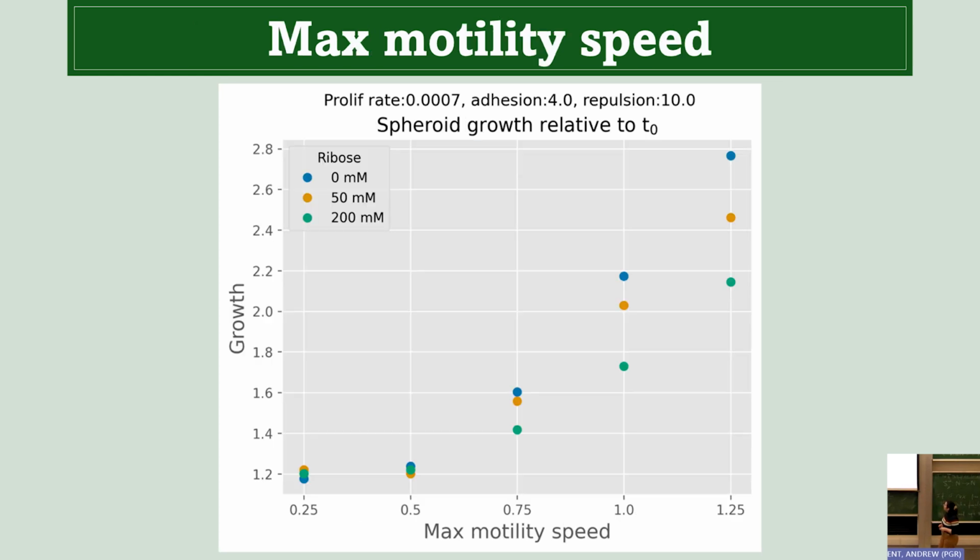And then another thing that I looked at is max motility speed. I guess this is quite intuitive. It's just saying that if the velocity term, which is the motility, which is the cell-ECM interaction velocity, if I increase the maximum motility speed, then the spheroid will grow faster. So that's not a big surprise, but you know, you never know.